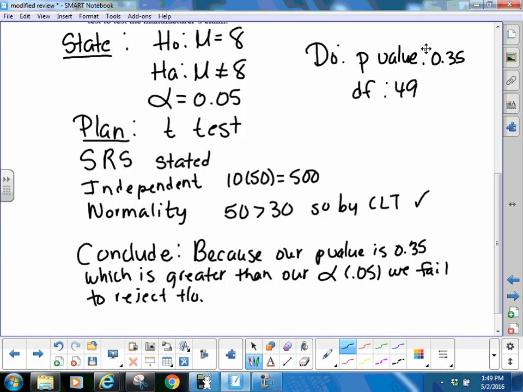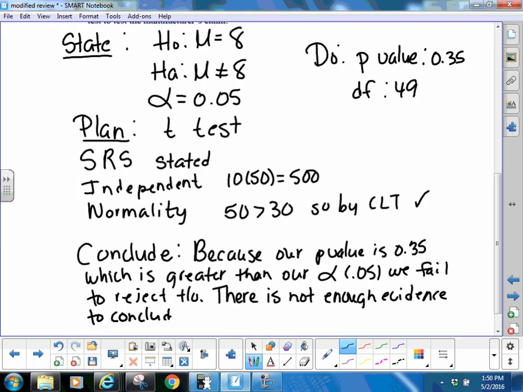There is insufficient, there's not enough evidence. And you always have to go back to Ha. If you ever refer back to H0, you miss it, because they think you're accepting the null.